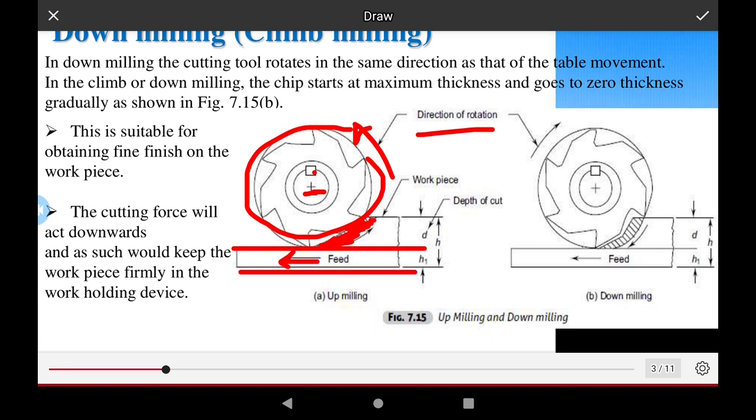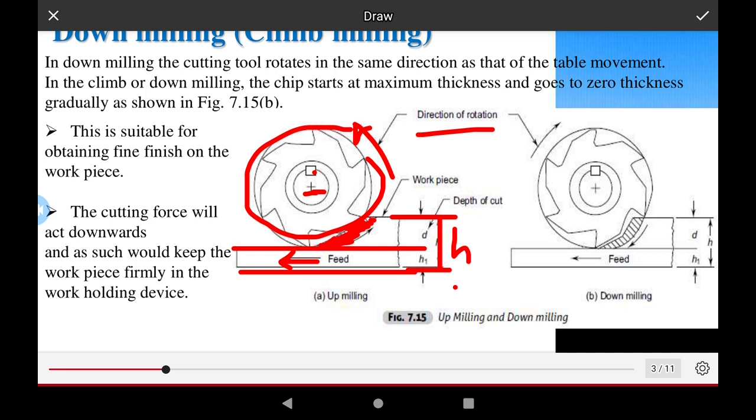This is the feed rate, and h1 is the total depth of the workpiece. The total height is h, the feed of the job is h1, and the depth of the cut is small d.